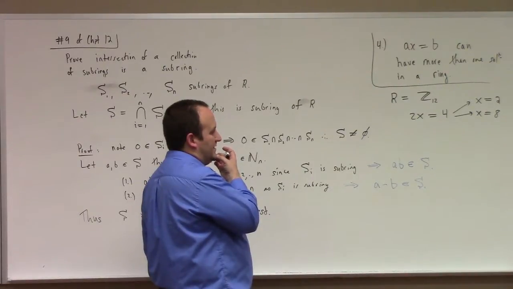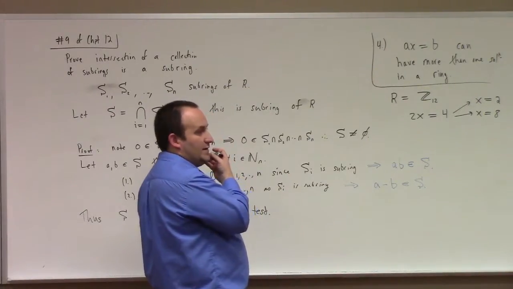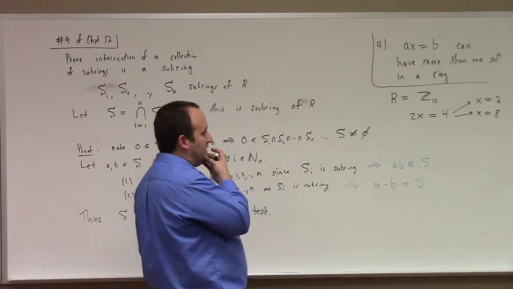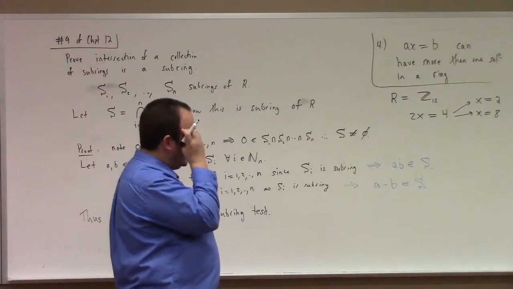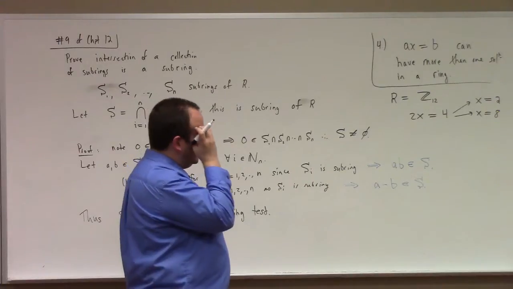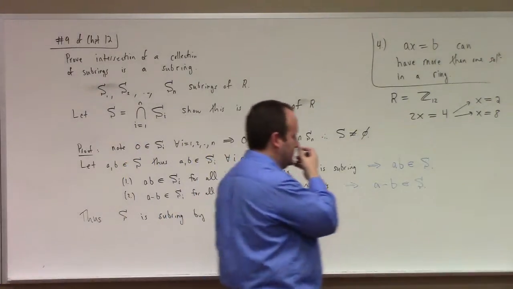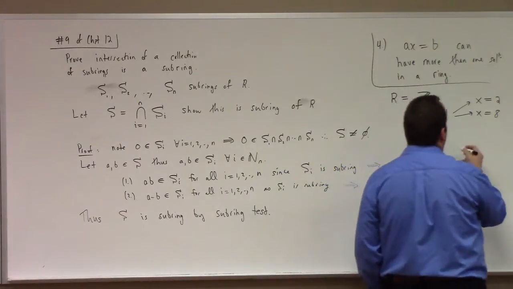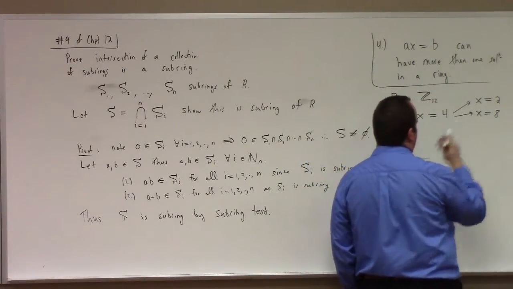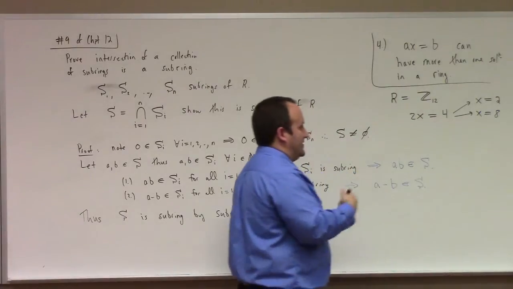How about 9? 10? What about 10? 2 times 10 is 20, which is 8. Oh, that's no good. 14 works. Oh, but 14 is just 2 again. But anyway, already we have, you know, that's it, right?